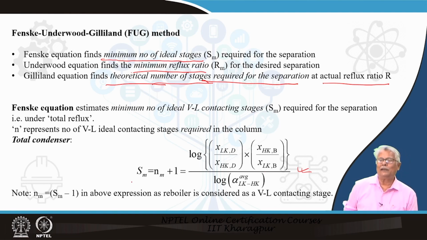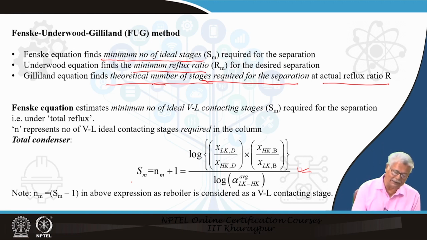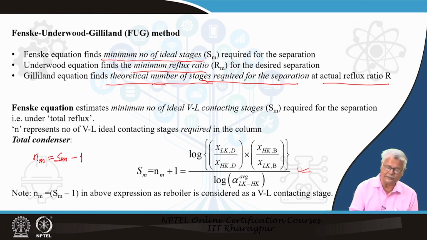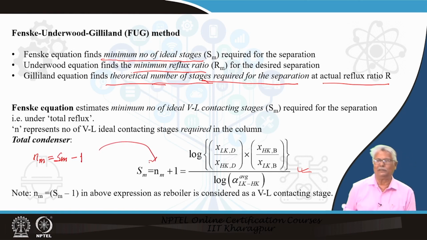Now, if you look at the distillation system, we will find there is one vapor liquid contacting which is happening in your reboiler. So, if you have Sm number of stages, the number of stages of contact that you have to provide inside your column or tower is less than Sm by 1. That means, basically, Nm is equal to Sm minus 1, which is again reflected here in the same equation as an additional term.